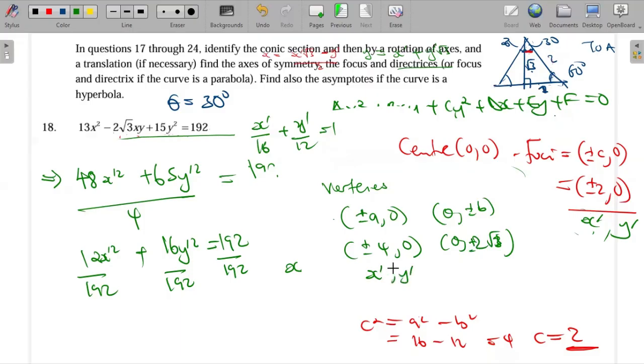So now you take them to the original by replacing your x prime and y prime into the x equation to get the x coordinate, and then you replace those values in the y equation to get the y coordinate. And just like that, you would have solved your question. Okay, so that's how you go about such questions when they come. All right, I don't know if there's any question.